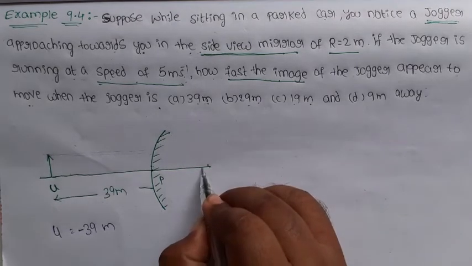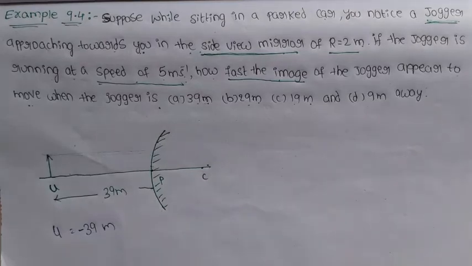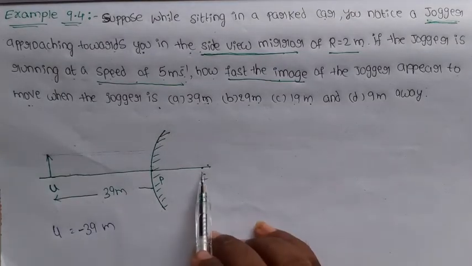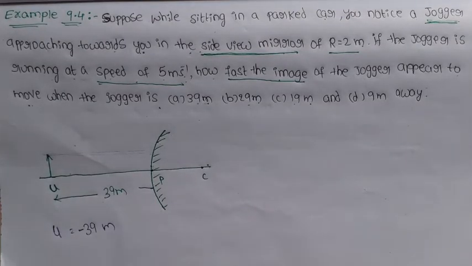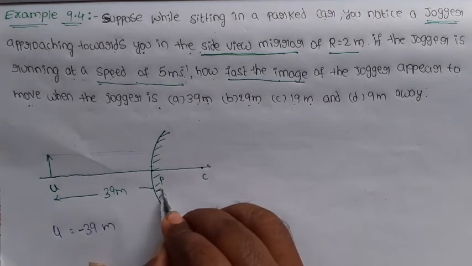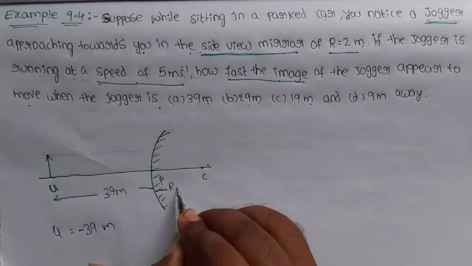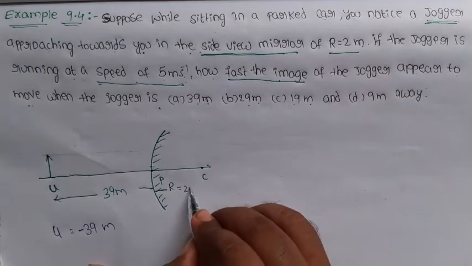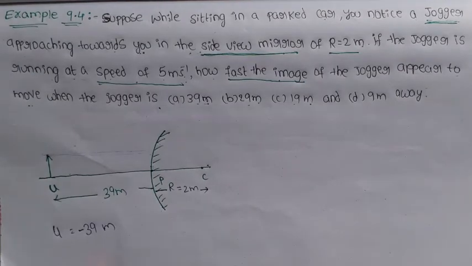This is the center. The distance from the center of curvature to the pole is called the radius of curvature. So this is R, R equal to 2 meter.